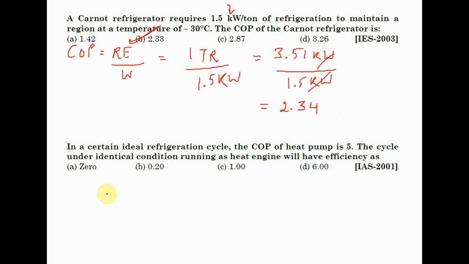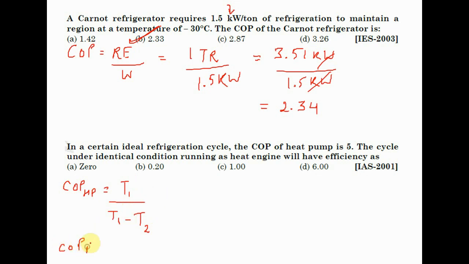In a certain ideal refrigeration cycle, the COP of a heat pump is 5. A cycle under identical conditions running as a heat engine will have an efficiency of what? So again, go with the basics. COP of a heat pump is equal to T1 upon T1 minus T2.